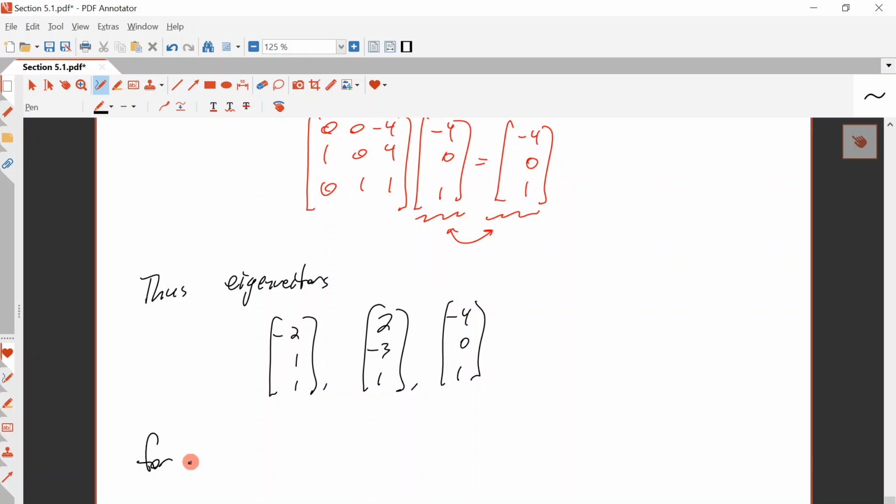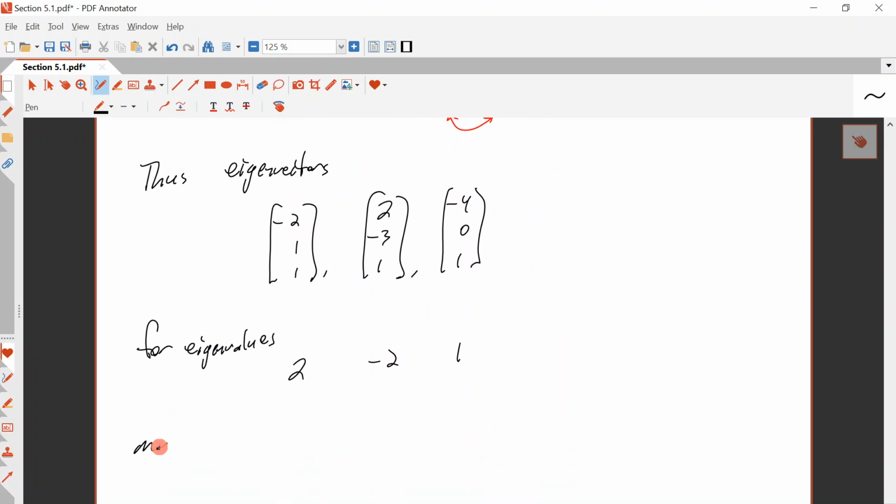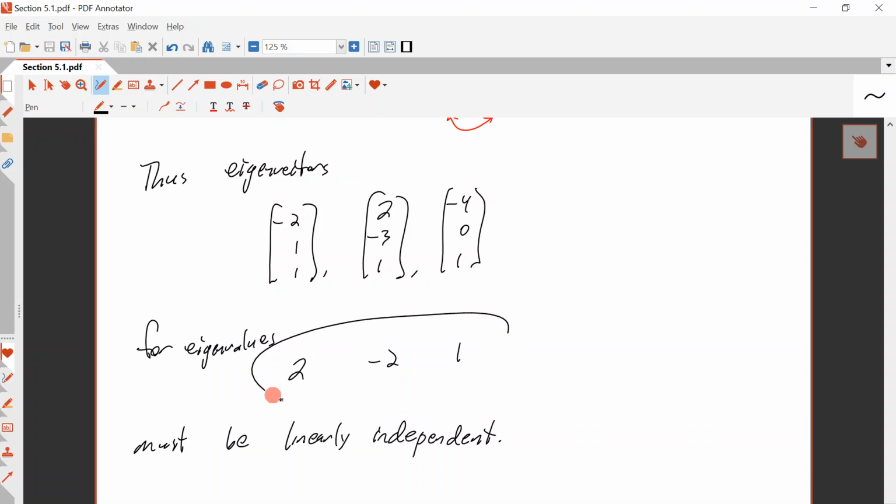For eigenvalues 2, minus 2, and 1 must be linearly independent. I don't even need to check it. I mean, we could check it, but I'm not going to. Okay? So we know that they are, because these are distinct eigenvalues. 3 distinct eigenvalues for these 3 distinct eigenvectors. And what our theorem says is those are always linearly independent. So there you go.